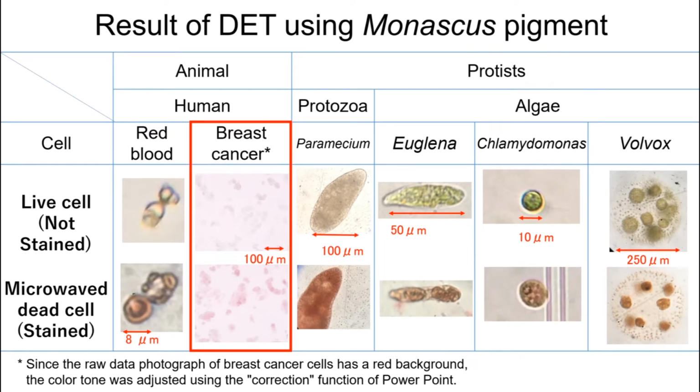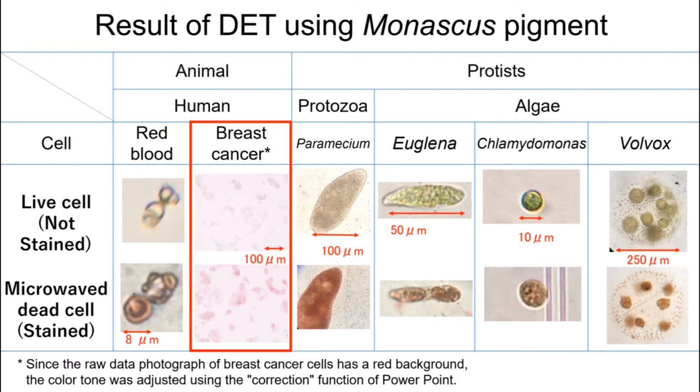This shows the result of viability assay with monascus pigment on cells of various species. The top row of the table shows live cells, which are unstained by pigment. The bottom row shows microwave-treated dead cells stained with monascus pigment.